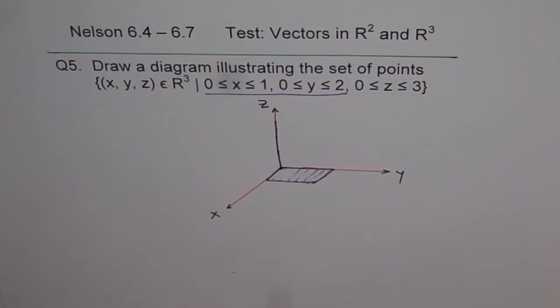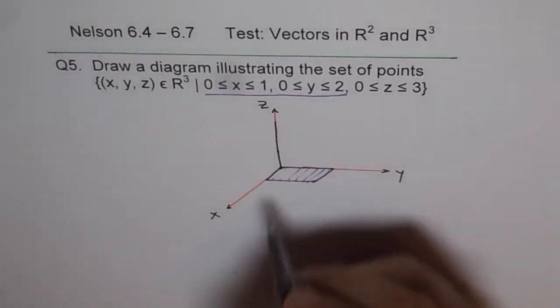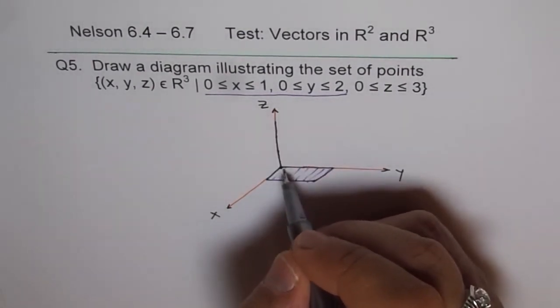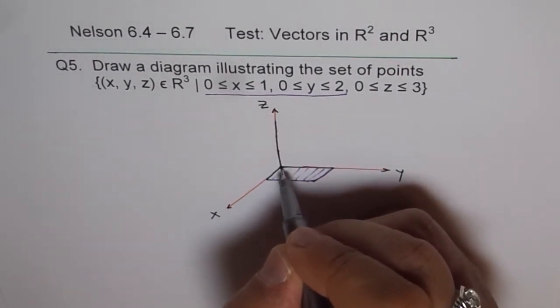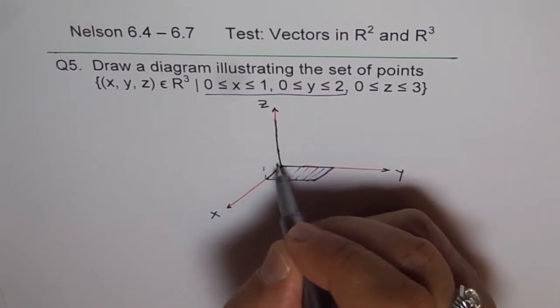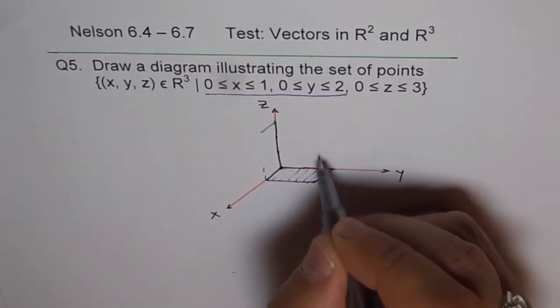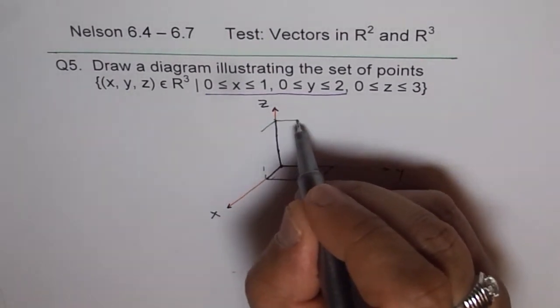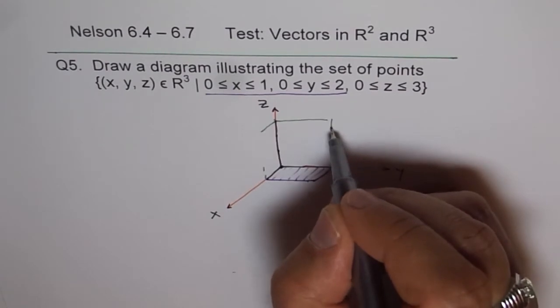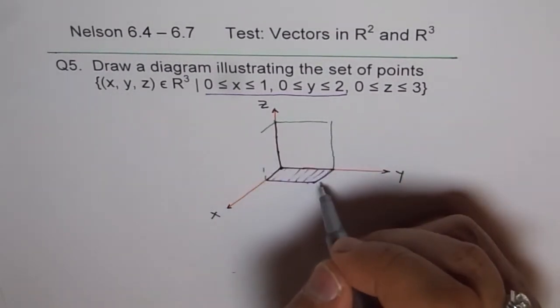Now we start building up z. It was 0, so this is this plane. Now it builds up, going from 0 to all the points between 0 and 3. That means it starts building up, so we get a structure which builds on this. Now you can visualize what I'm trying to do for you.